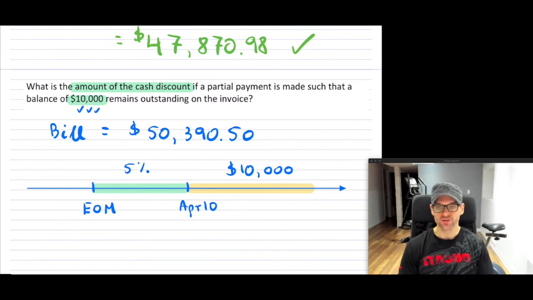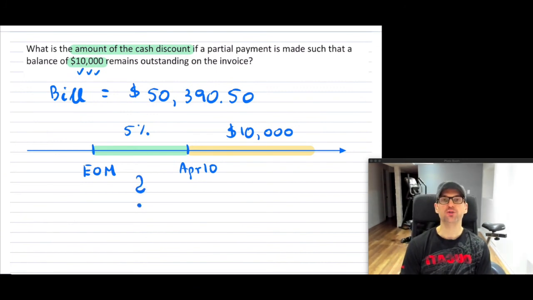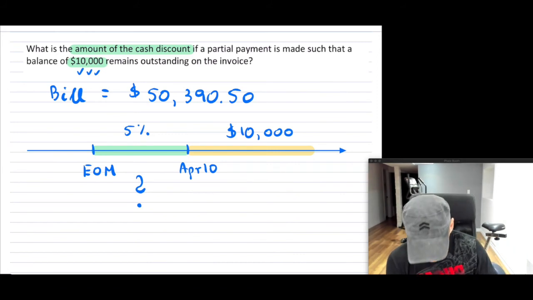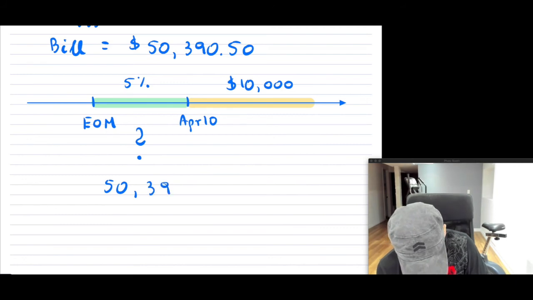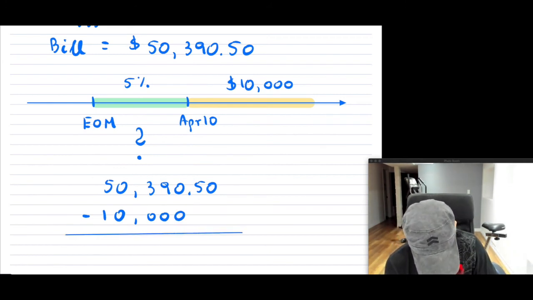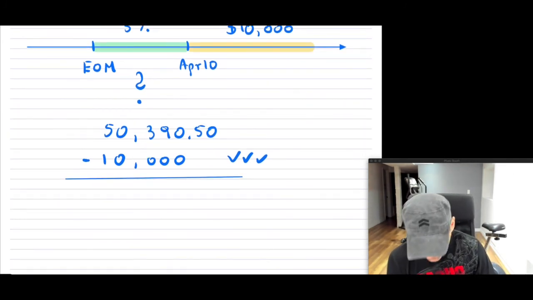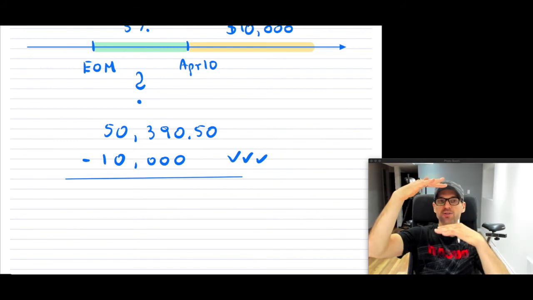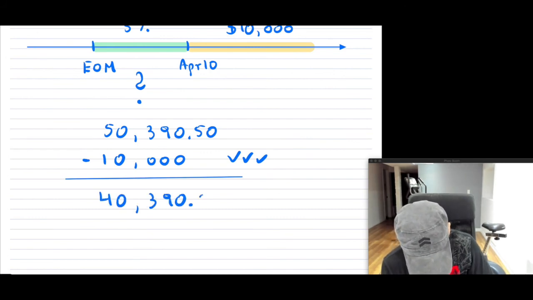So the question is, well then, how much of the bill did you pay off? Well, in order to know that, we know that our entire bill is this much. If we have a balance still of $10,000, this is how much we still have to pay off, then that means we paid off, if you subtract the total minus whatever is still remaining you have to pay, this much.